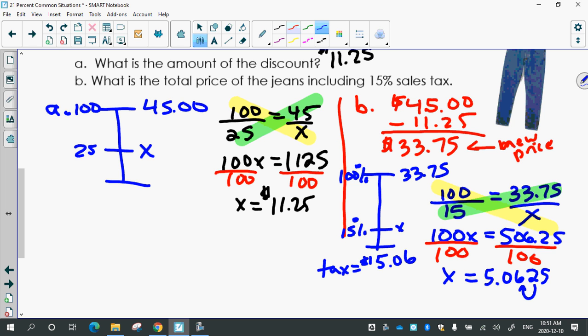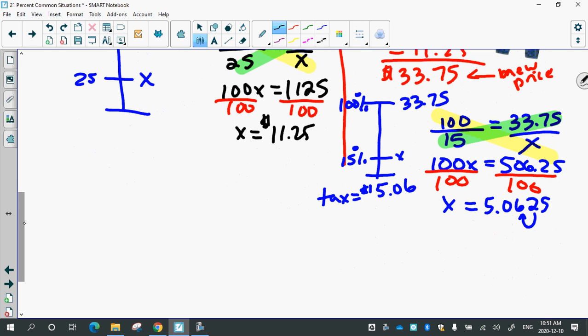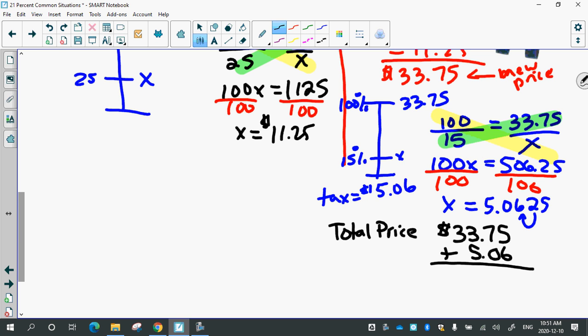$5.06. But it doesn't ask me the tax, it says what's the total price including the tax. So I still have to add the tax on to the sale price. So my total price is going to be $33.75 plus $5.06.